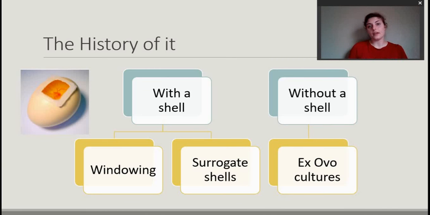I guess it could be done. These were also really good first steps in being able to see embryonic development.